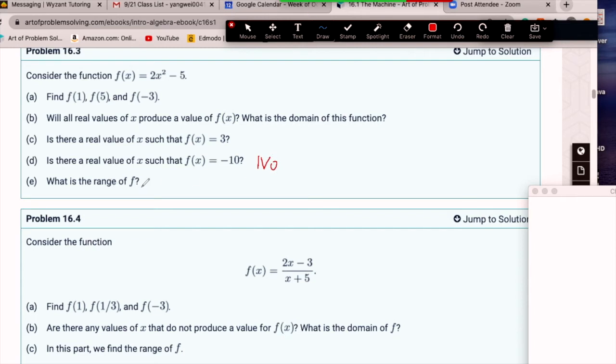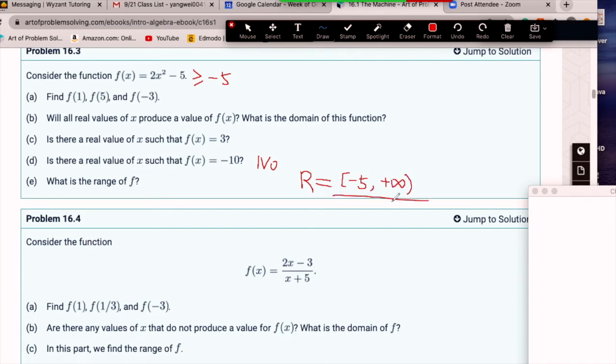What is the range of f? Because x squared is greater than or equal to 0, the value of f(x) is always greater than or equal to -5. So you can write the range of this function using a set: from -5 to positive infinity.